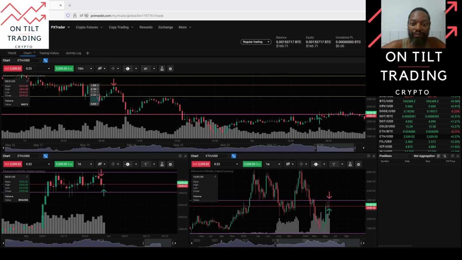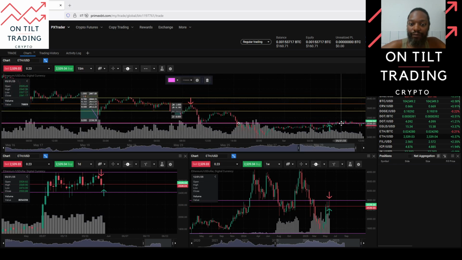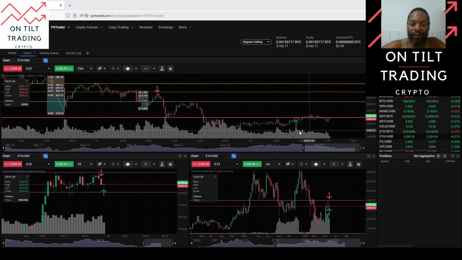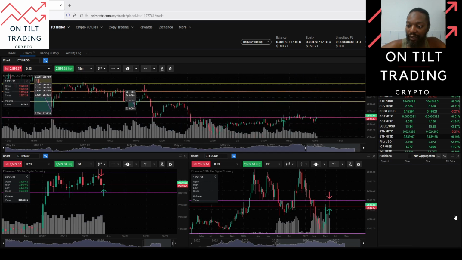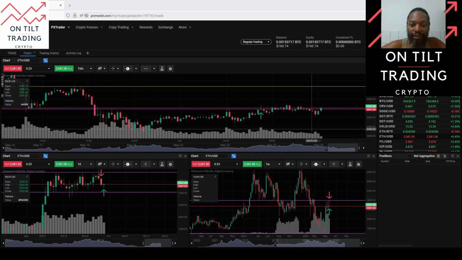We can see basically a large area of consolidation, and it seems that's all that's been happening since Ethereum found support at this bottom here. Then we'll zoom in and I'll show you my exit.